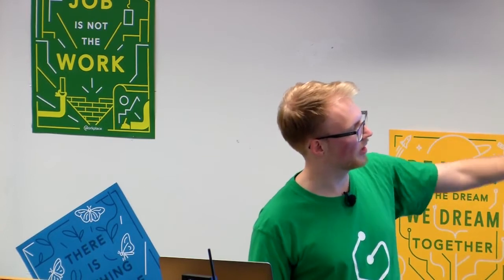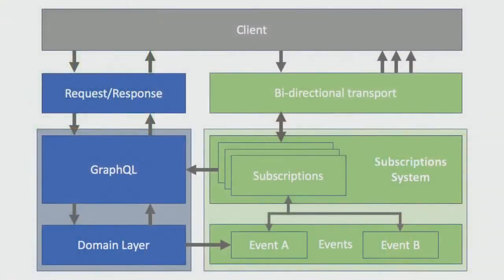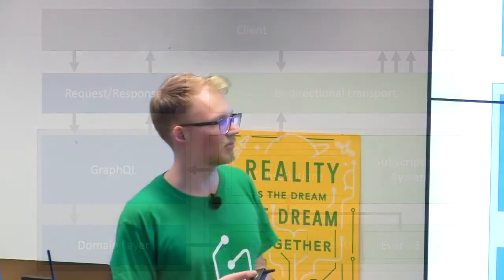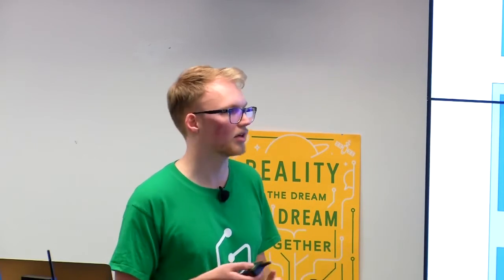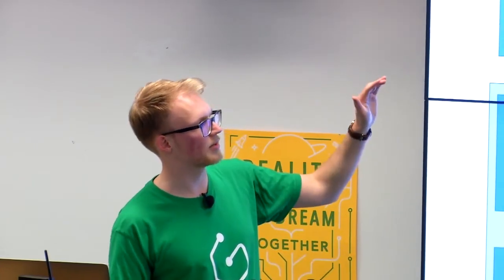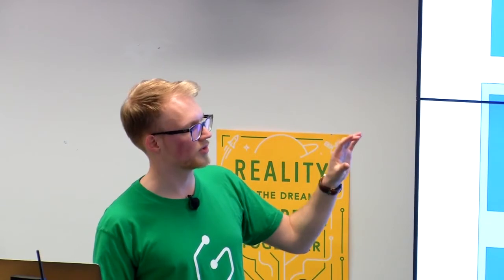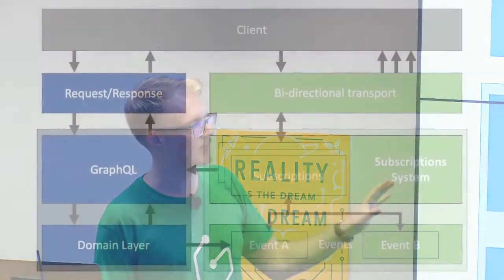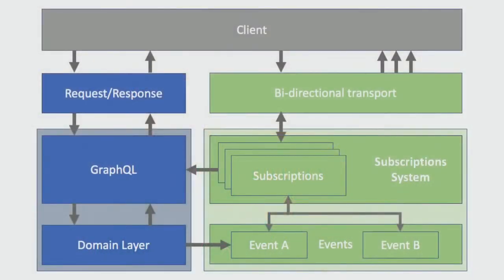Here we still have the traditional GraphQL server with requests and responses. Additionally, the client also connects via a bidirectional transport. Let's assume that's WebSockets for now, but it can be really much anything. So the client establishes another connection with a server; it doesn't have to be the same server. And here the client can subscribe to multiple events via subscriptions.